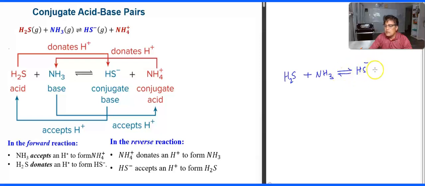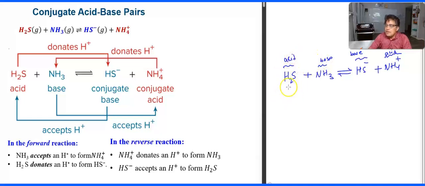Always the minus species can accept the hydrogen, that is, the proton. That's why this one is a base. This one is plus, and it can donate hydrogen because it is NH4 plus, so it can give one hydrogen. That's why it is an acid. So here you also know that NH3 is a base and this one is an acid.